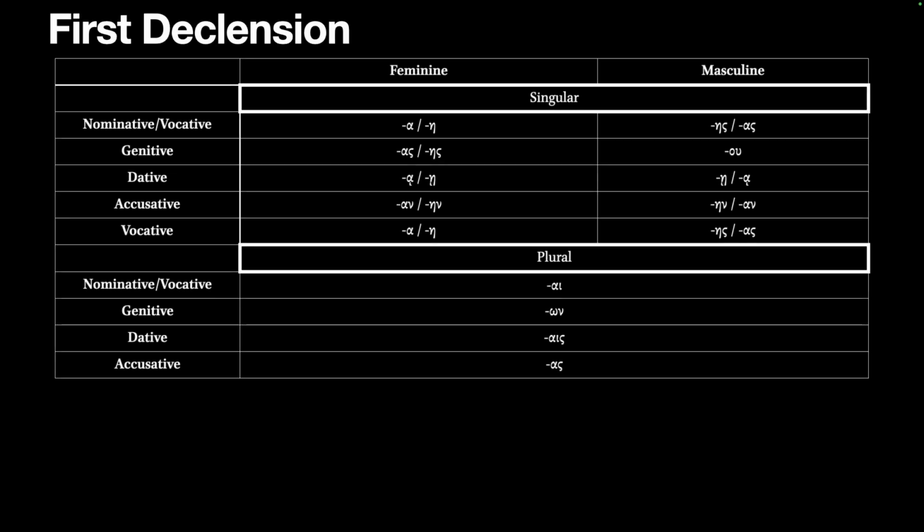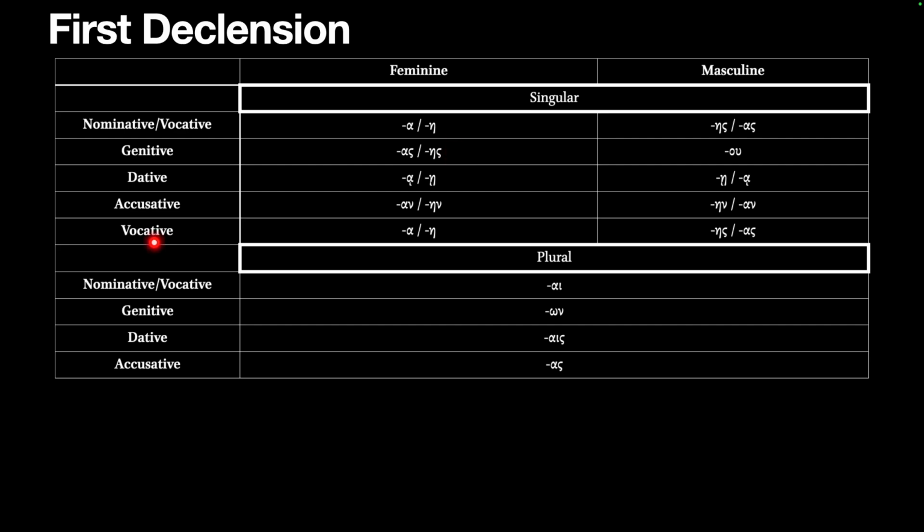So when we put these into more simplified forms with respect to our first declension endings, these are going to be our basic endings: alpha or eta for the nominative or vocative singular, alpha sigma, eta sigma for the genitive singular, alpha with an iota subscripted, notice the little baby iota under there, for the dative, a nu after the alpha or the eta, and then the vocative is alpha eta again here.